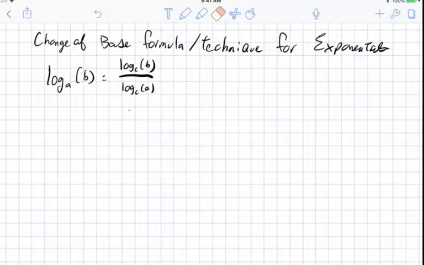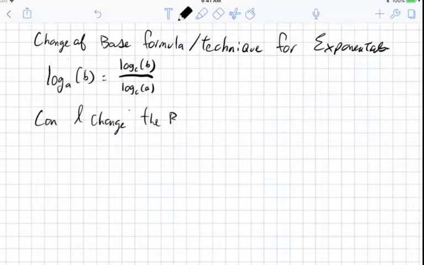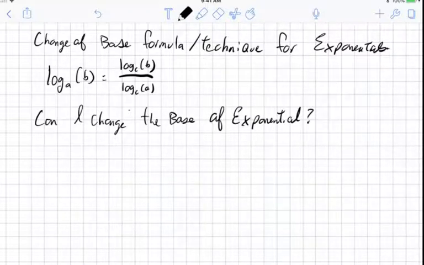Is there a similar strategy for exponentials? Can I change the base of an exponential? The answer is yeah, I can, and easily.